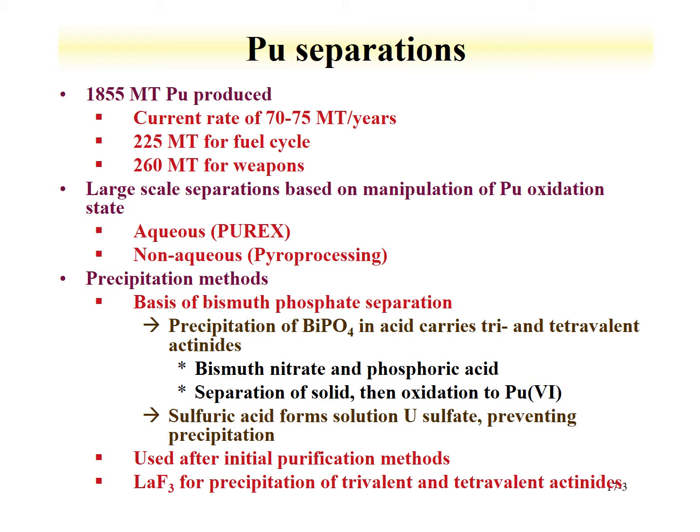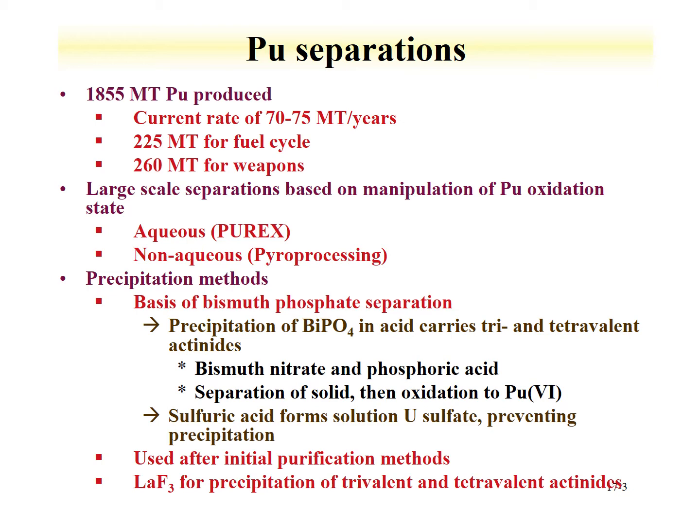This was done during the Manhattan Project, and you get precipitates of bismuth phosphate in acid. These precipitates carry tri- and tetravalent actinides. So unlike some of the solvent extraction systems where we get tetravalent and hexavalent metal ions traveling together, in this case we get the trivalent and the tetravalent.